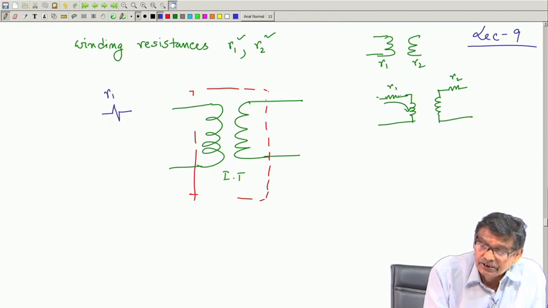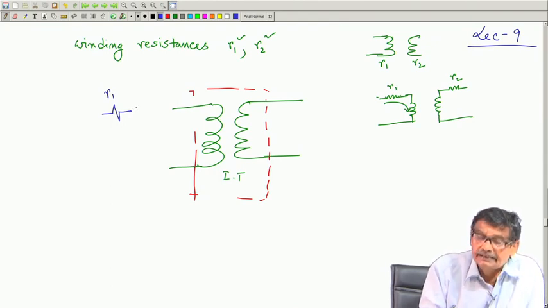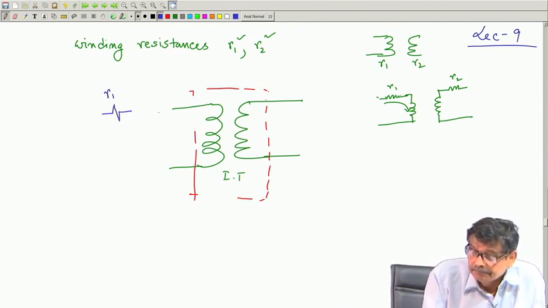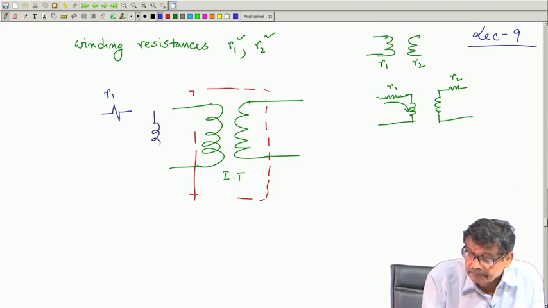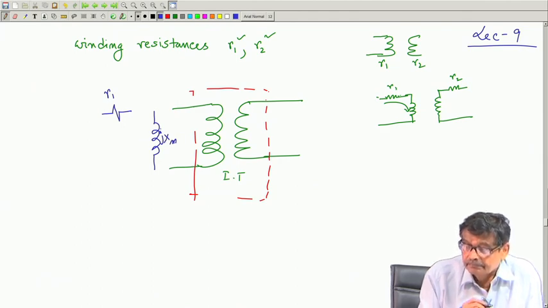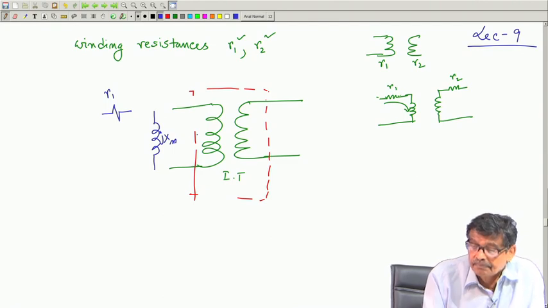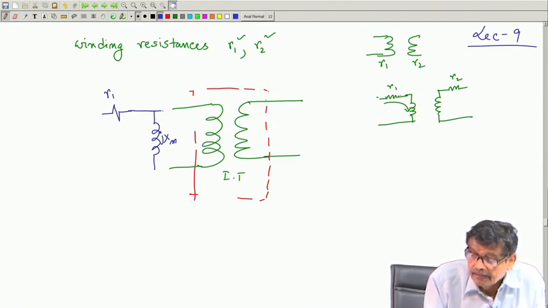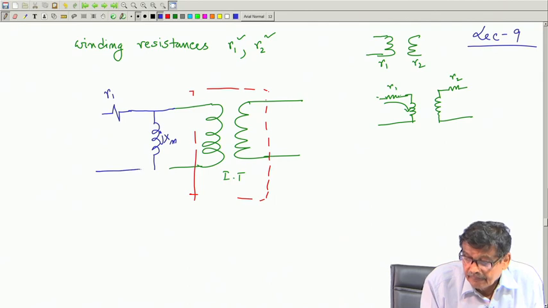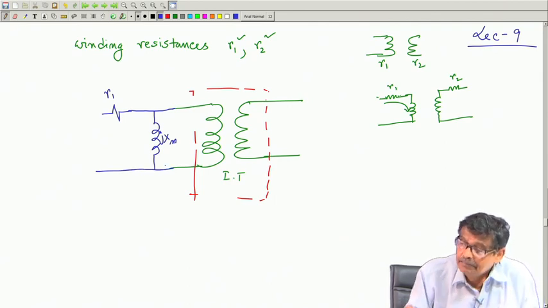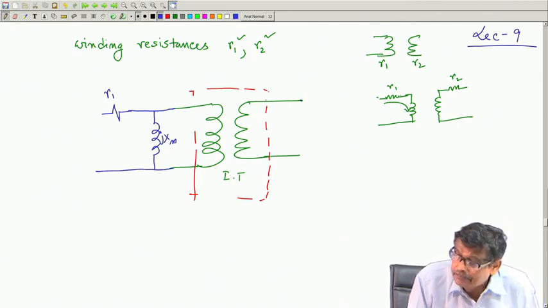Now, the question is, should I put that magnetizing current branch X m before this or after this? I must put it after this. j X m. Similarly, here of course, there is no magnetizing branch, R 2 simply comes here.